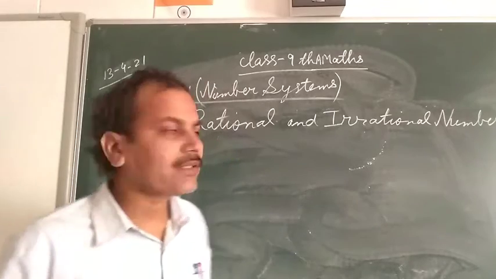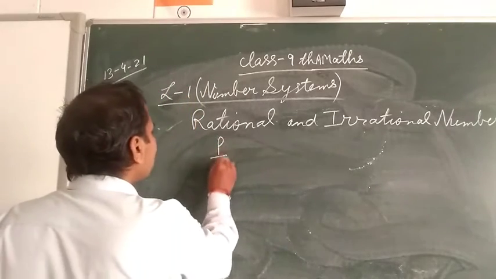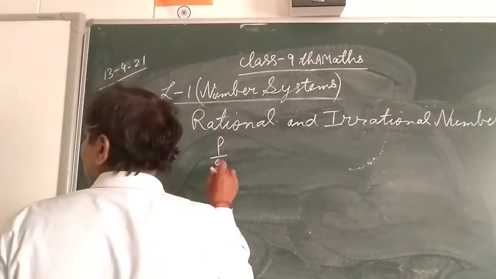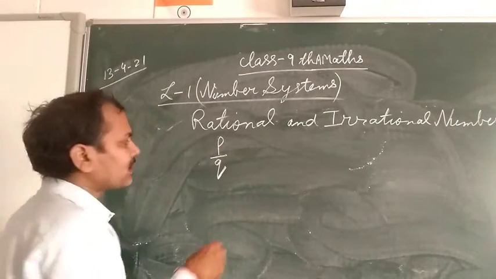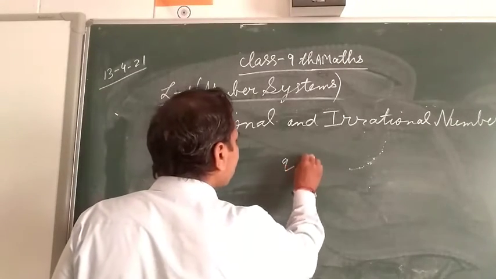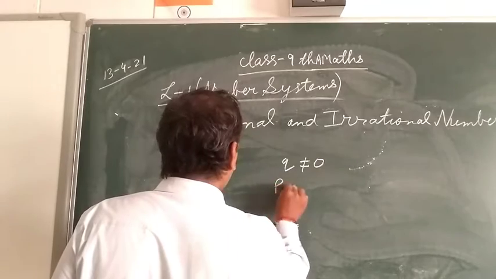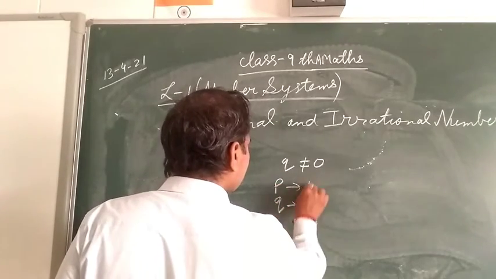Rational numbers, you know, are numbers represented in the form p by q, where q is not equal to 0 and p and q are integers.